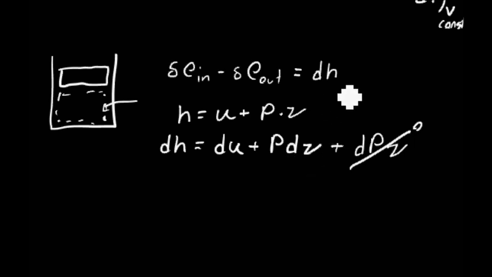Okay, and so if we use the definition once again, but for the specific heat of constant pressure, we can determine what this value actually is. So to change the energy by 1 degree, we have to multiply the change in temperature by the specific heat, constant pressure. Now that'll give us the change in energy.